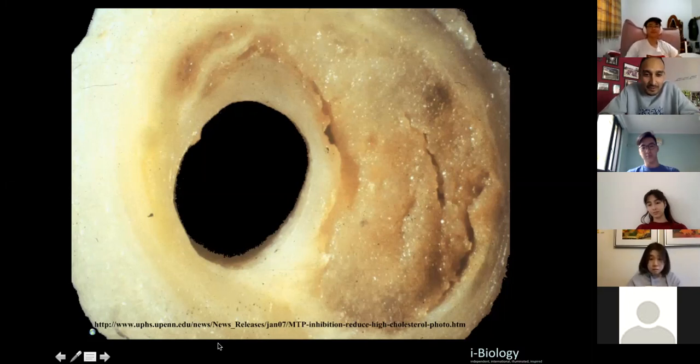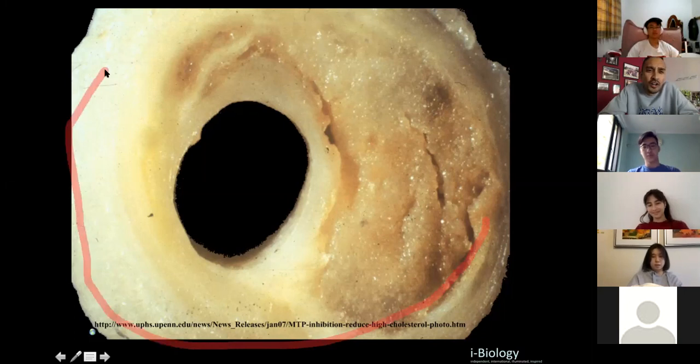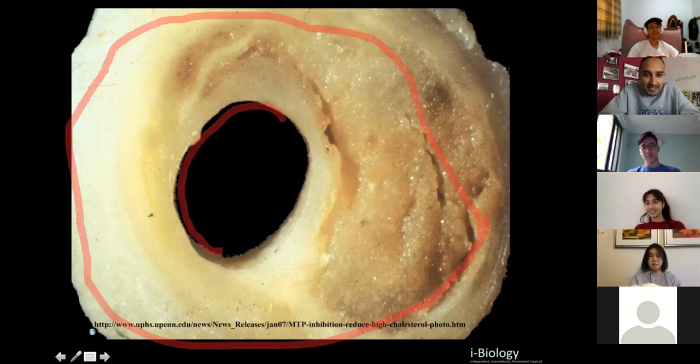All right, so what we're looking at here, folks, is an artery. I thought it was a donut. Ew. It should be this big, but now the lumen is only this big.